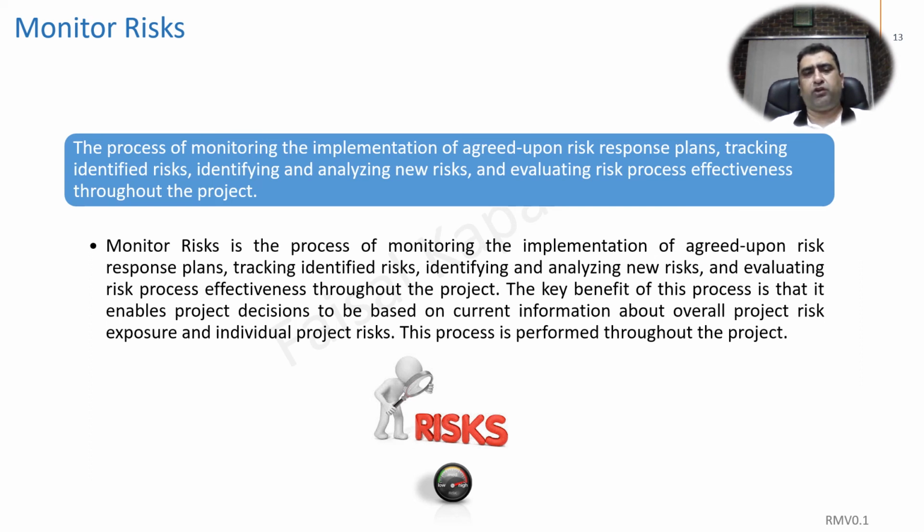So we have to continuously monitor and assess the impacts and probability of the risk, and we should maintain a proper risk log or risk register and keep updating it as and when there is any change in the characteristics of any risk.